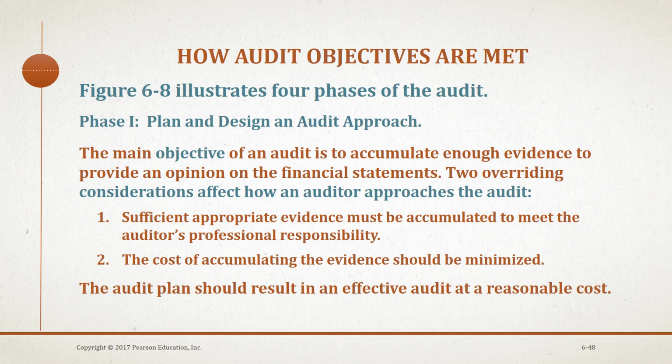Number 1, sufficient appropriate evidence must be accumulated to meet the auditor's professional responsibility. The cost of accumulating that evidence should be minimized. The audit plan should result in an effective audit at a reasonable cost.